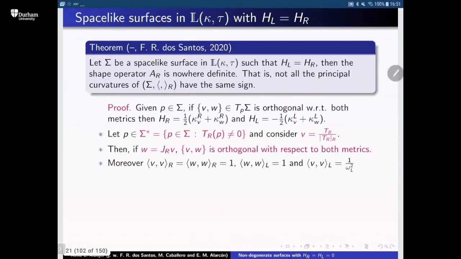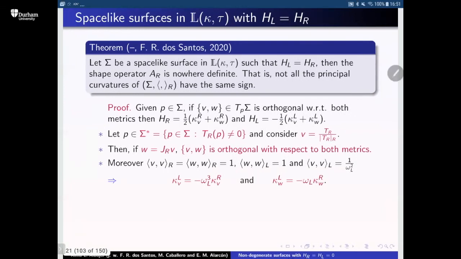It's not orthonormal, but orthogonal. For the Riemannian metric, it is orthonormal, not only orthogonal. And for the Lorentzian metric, W is also unitary, and V is not unitary, but it has this expression here. It's 1 over omega L squared that appeared before, a quantity that we have control over. It was always greater or equal than 1.